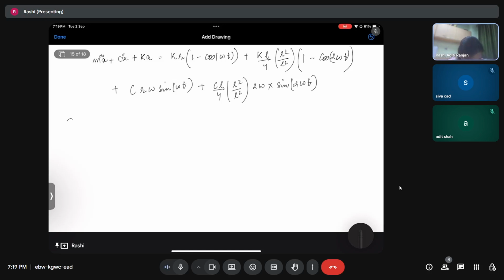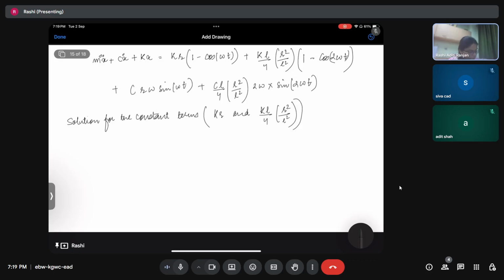So the solution for the constant term, which are Kr and KL by 4 R square by L square. How are we going to find out?